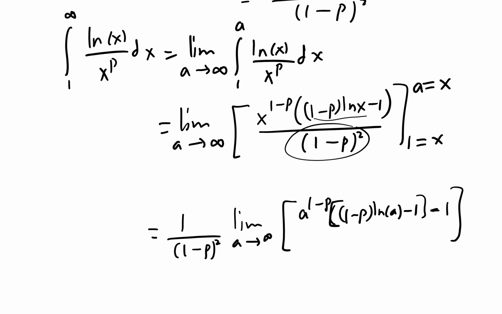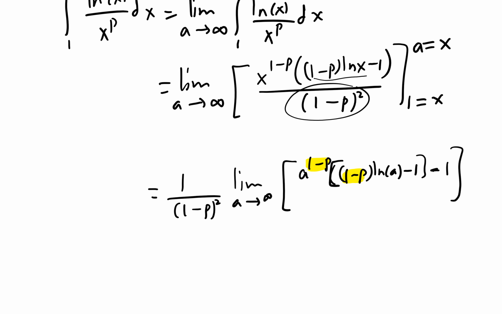Then we need to find the limit as a approaches infinity. So now this works only, notice what is affecting the limit is the 1 minus p that you see there.